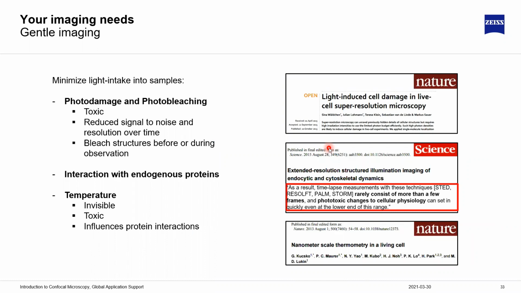You want to have a gentle imaging, of course. Every time you do imaging, you want to be gentle to your sample. So you don't want to shine too much light into your sample, because you might photo bleach your sample. You might increase the temperature, which could be toxic to your sample.